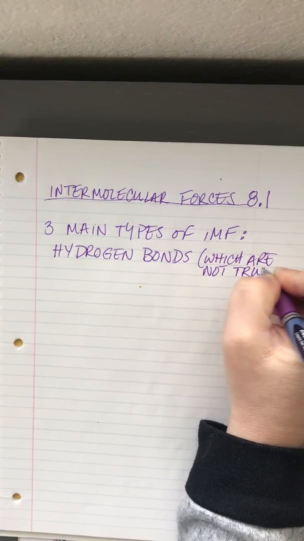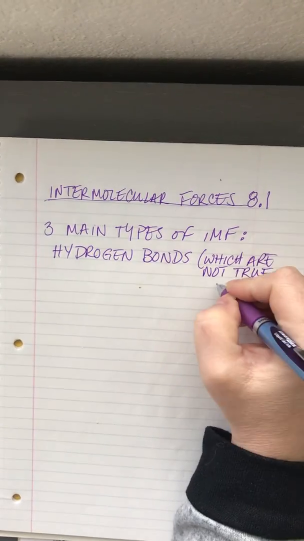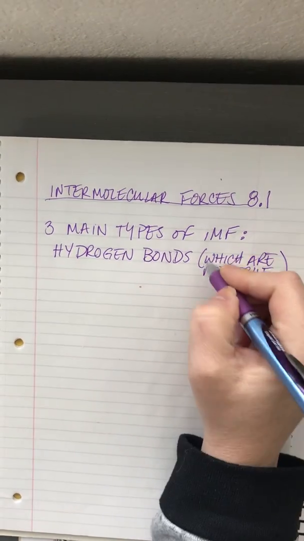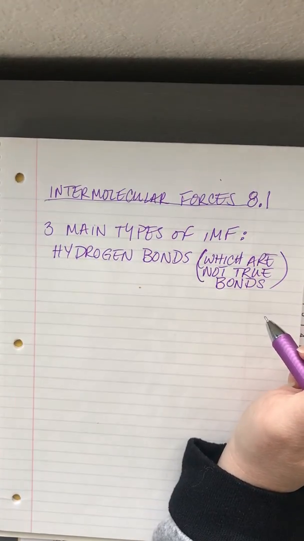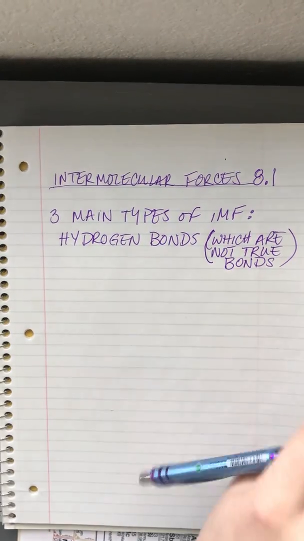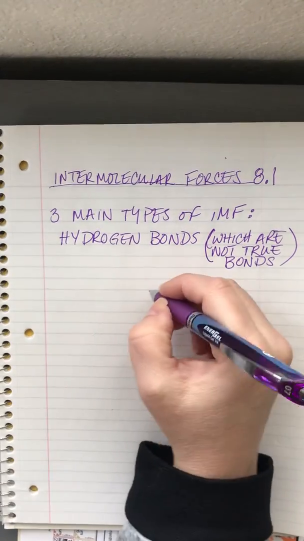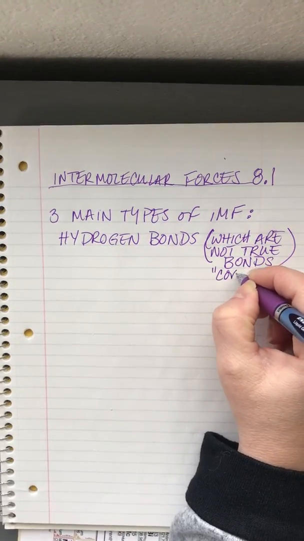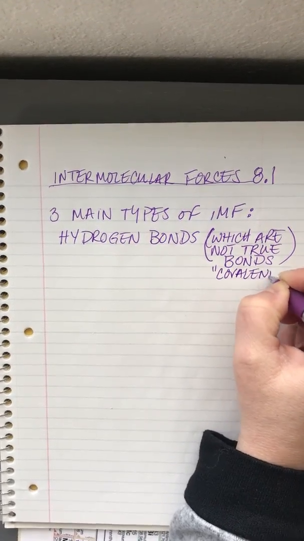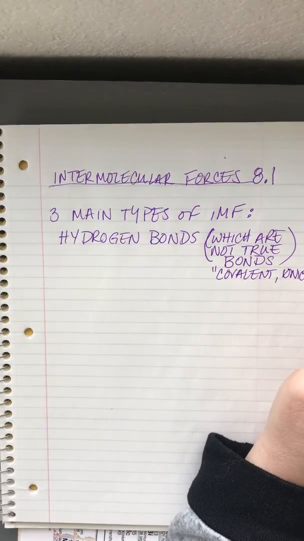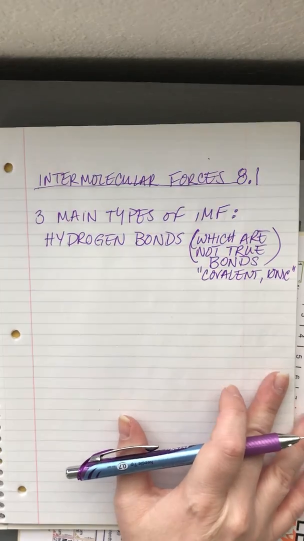Right? What do I mean by that? Not true bonds. So what would be examples of true bonds? Covalent and ionic, right? So covalent or ionic bonds would be the examples of true bonds.